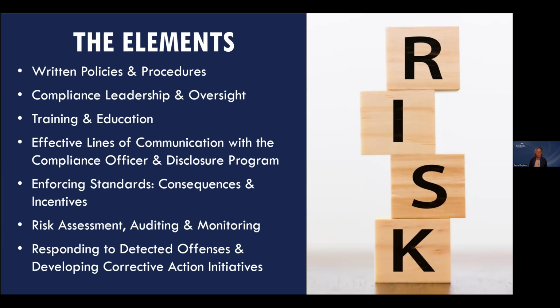The enforcement of the standards, as well as any incentives that might be in place at the organization, the risk assessment process, along with auditing and monitoring, and then the response protocols and procedures for detected offenses and developing corrective action plans around those.